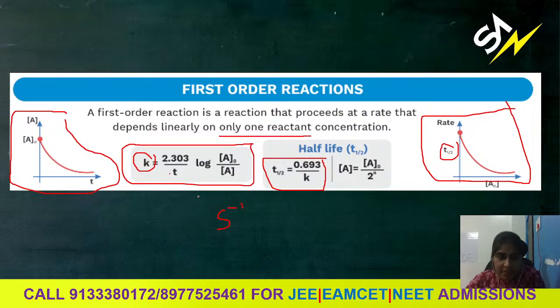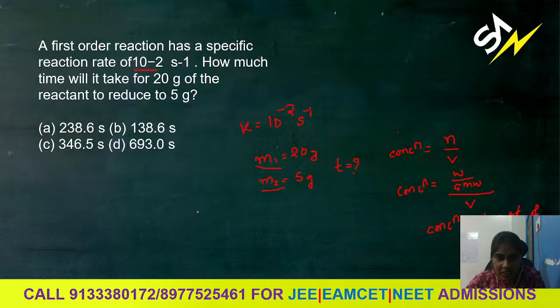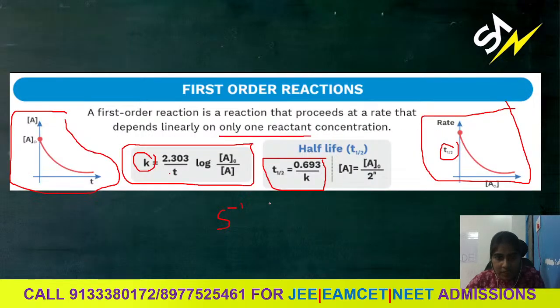So by applying this rate law equation, K is equal to 2.303 by T log of A naught by A. So this is the rate law equation, right?